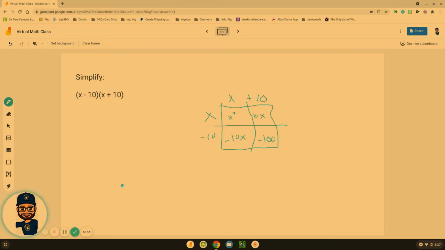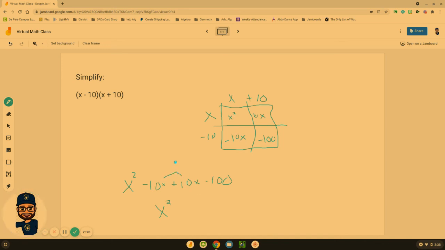So if I list all of those out, x squared minus 10x plus 10x minus 100. x squared, there are no other x squareds, so we're going to bring that down. Negative 10x plus 10x.